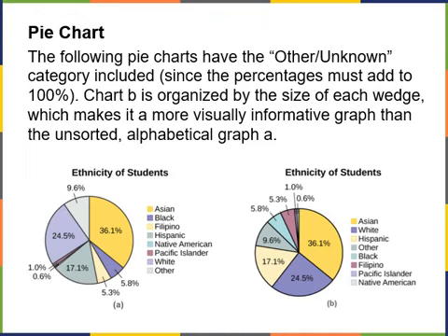For example, while it's easy to see in both pie charts that Asians and whites tend to make up the greatest ethnicity of students, the pie chart on the left isn't as clear as the pie chart on the right, because the pie chart on the right, again clockwise, goes from the greatest number to the smallest number and percentage-wise in the different categories. It's easier to tell, for example, that there are more black students than there are Filipino students at 5.8% versus 5.3%.